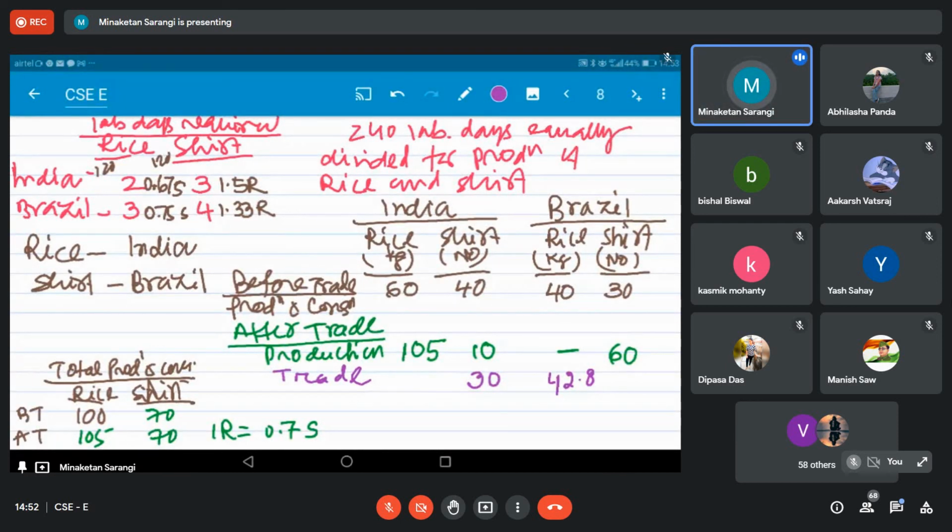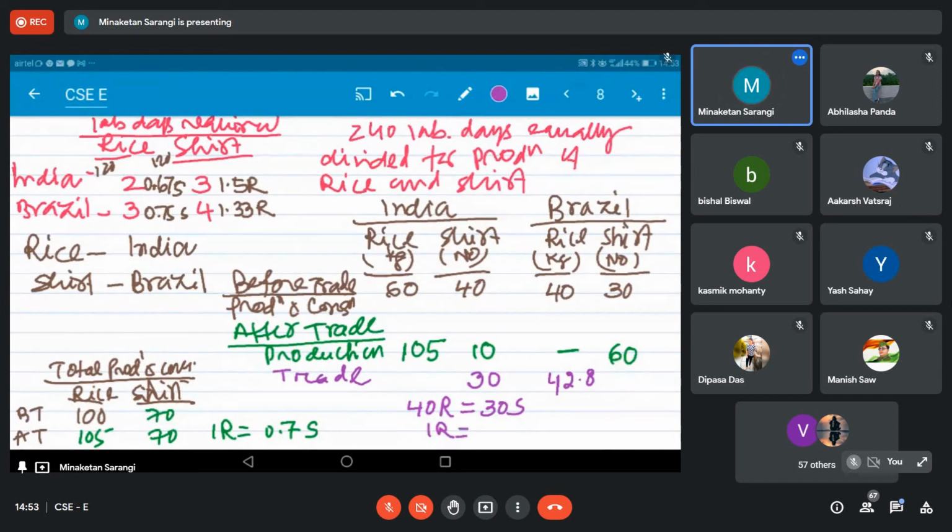We can also approach the same problem in another way. India requires a minimum of 30 sats. Brazil requires a minimum of 40 kg of rice. So 40 kg of rice will be exchanged against 30 sats. So what is one rice?